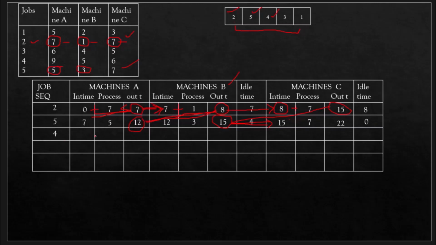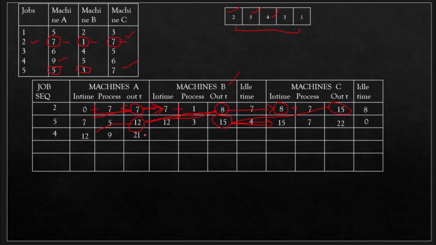Again here, on machine A, the 5th job task was completed at the 12th hour. So we give the input of job 4 at the 12th hour. The processing time on machine A is 9 hours. So 12 plus 9 gives 21.